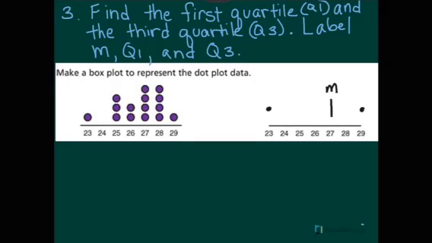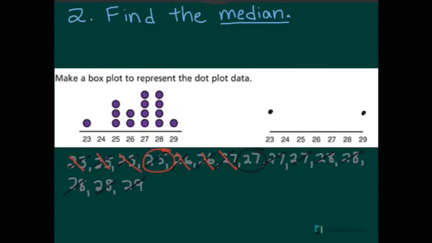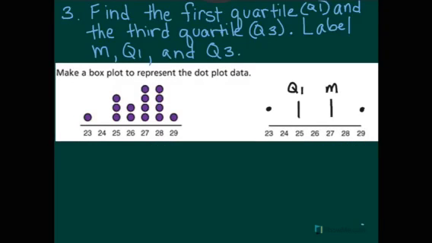So 25, and I'm going to use Q1 for first quartile. And we're going to find our third quartile. So front, back, front, back, front, back. One in the middle, it's 28. So here's 28. I'm going to label it Q3.